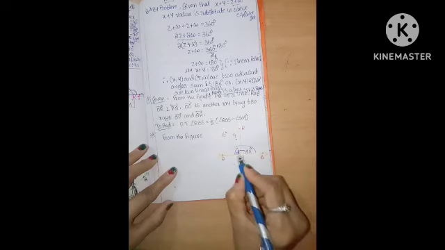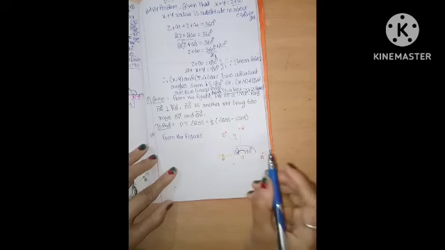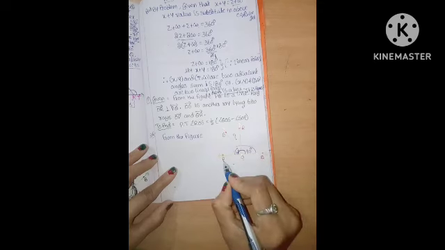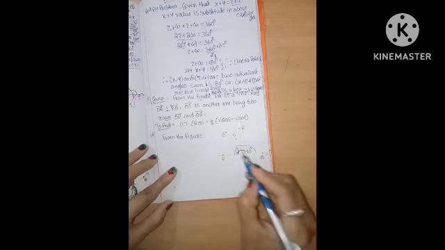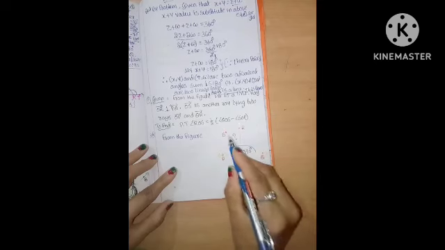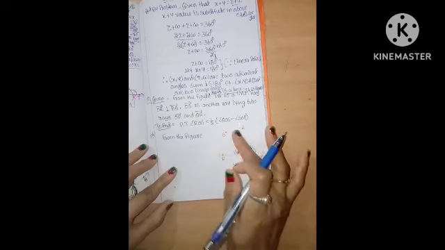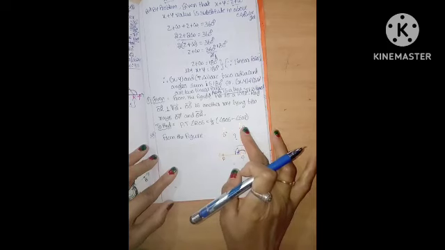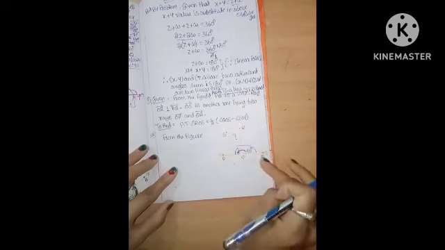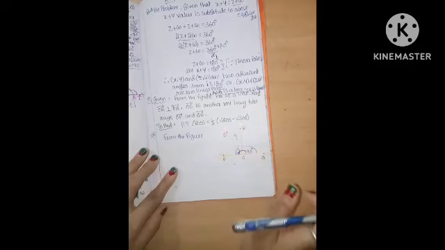These two are linear pairs, so POS plus SOR, or ROS, is equal to 90 degrees. The sum of these two angles is 90 degrees, and ROQ is also 90 degrees.